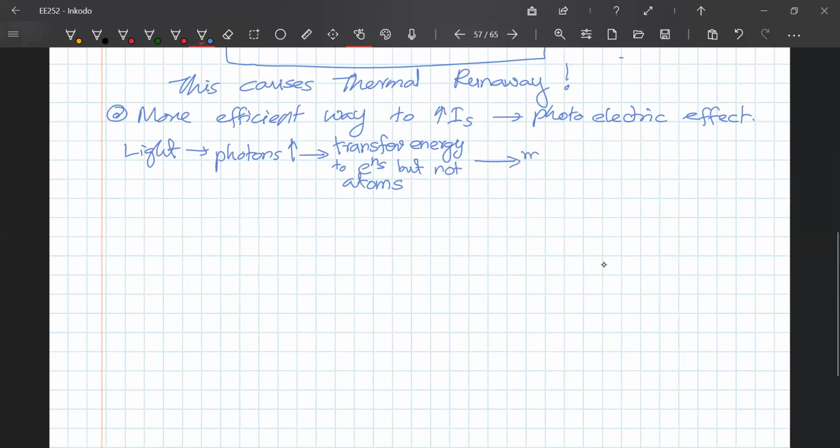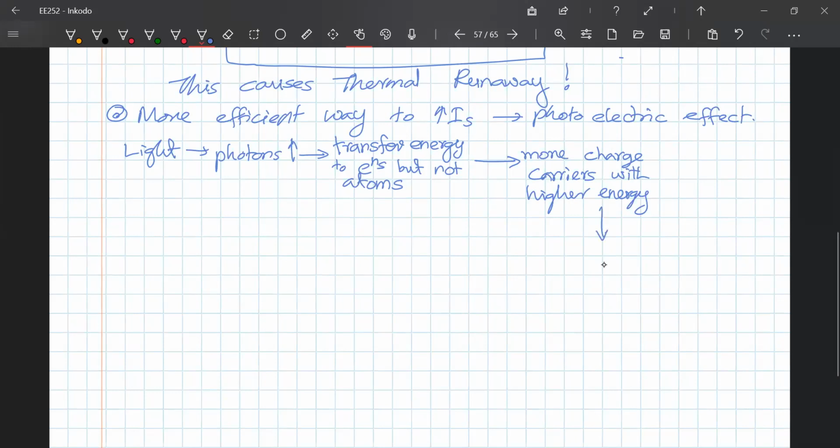So more charge carriers with higher energy. In other words, the electrons and holes will have more energy. Okay. So this will cause more electrons.